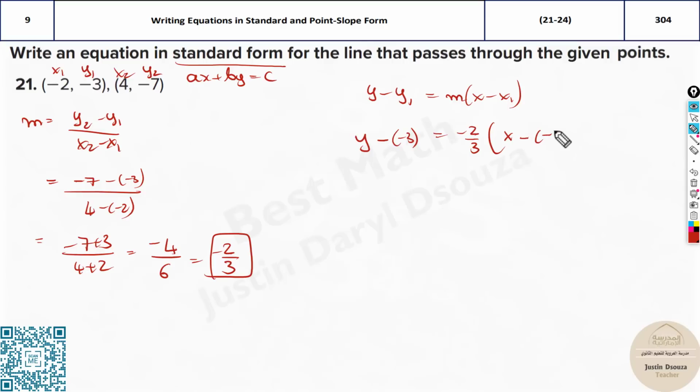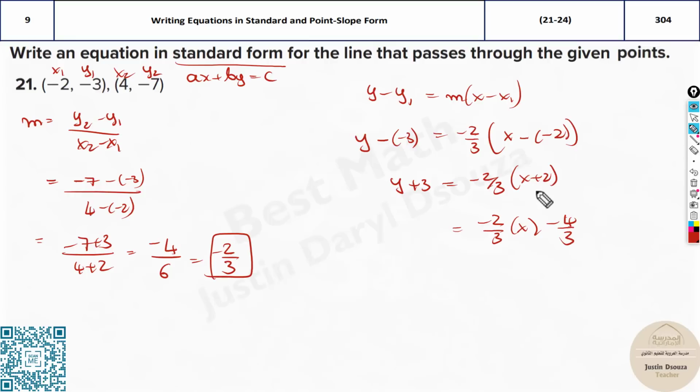And over here we have minus of minus 2. Because both are negative, we have to put brackets and write them. Now let's solve them. It'll be y plus 3 is equal to negative 2/3, x plus 2. Now this 2/3 is multiplied inside, it'll be negative 2/3 of x minus 4 by 3. Why?